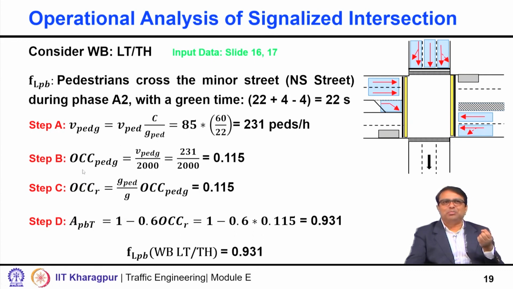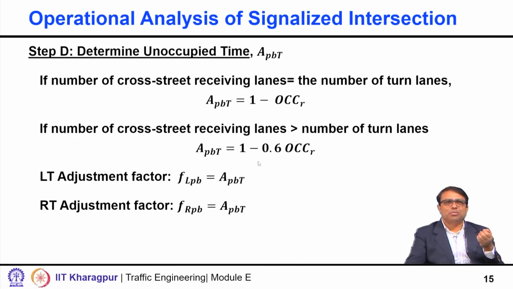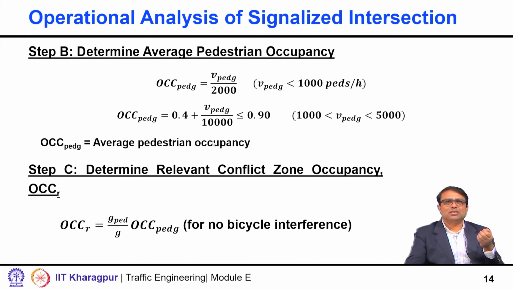Similarly, you calculate that OCC PEDG in this case, it is 231 divided by 2000 using the simple formula I have shown 2 or 3 slides back. Yes, it is less than 1000 pedestrians, so this equation is governing. Then we have to calculate OCCR, it is GPED divided by G into OCC PEDG. I have discussed all this.